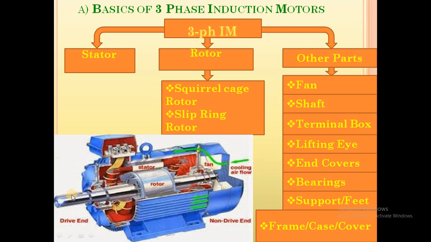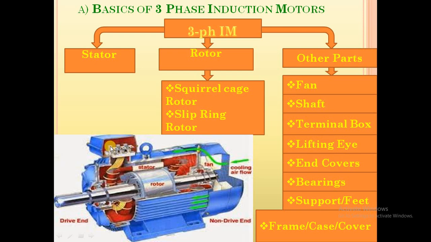The drive end is where we can attach mechanical drive or mechanical machines for work to be done. And here the lifting eye is there; as the name indicates, it is used whenever we have to move the machine from one place to another, that is for shifting purpose.